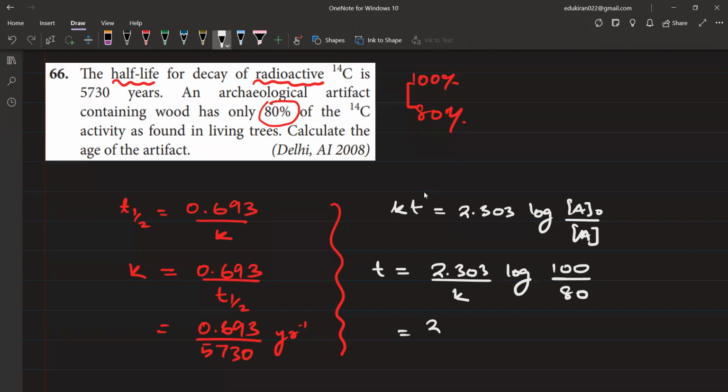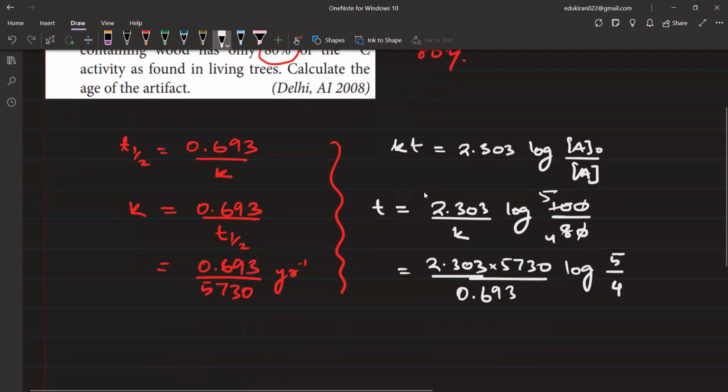This will be equal to 2.303 divided by K, we'll multiply 5730 here, divided by 0.693, and log of this will be, 2 4s and 2 5s, so 5 by 4. Log 5 by 4. The time we are going to get will be in years. So calculate this one.